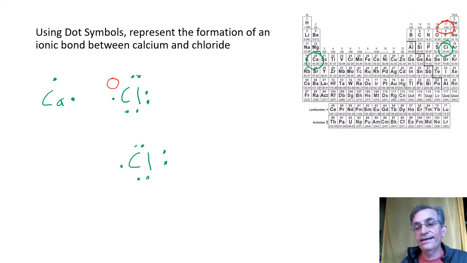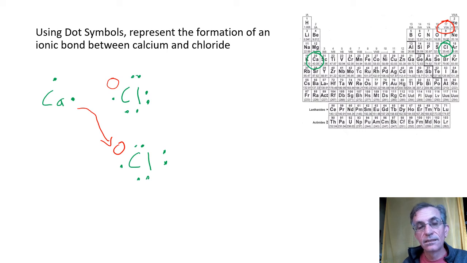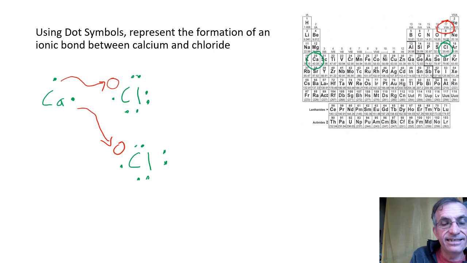So another chlorine would have 7. That means he's got room for one more. So calcium can give 1 electron to this guy and get him to 8. Calcium can give his other electron to this guy and get him to 8. So what is really going to happen is calcium is going to end up joining up with 2 chlorides.